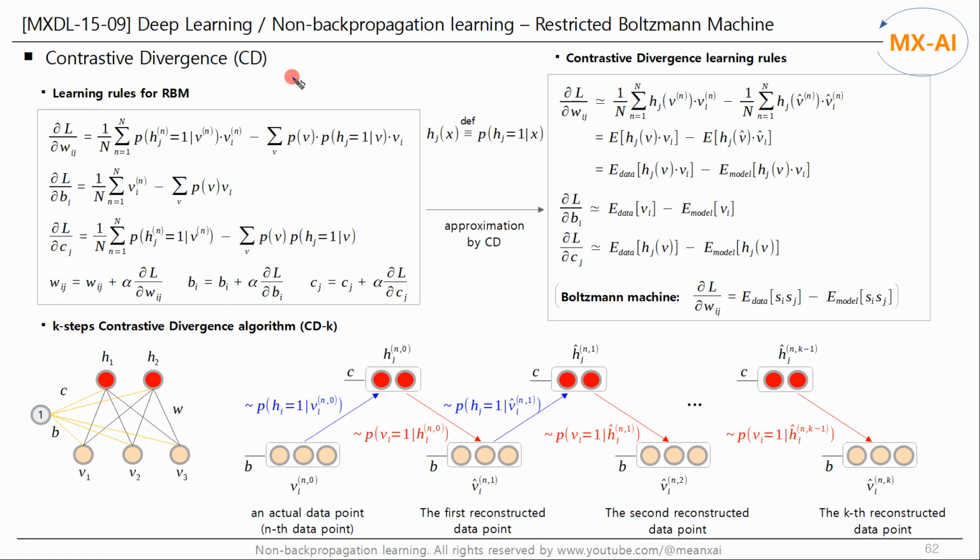Next, let's look at contrastive divergence. In this equation, the v_i^n in the first term represents the ith feature value of the nth training data point, while the v_i in the second term represents the state of the ith neuron for one of the possible values of V. There are too many possible cases for V to compute the second term.